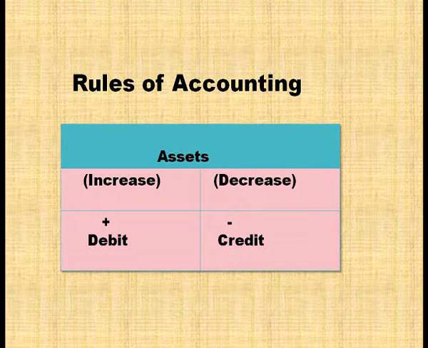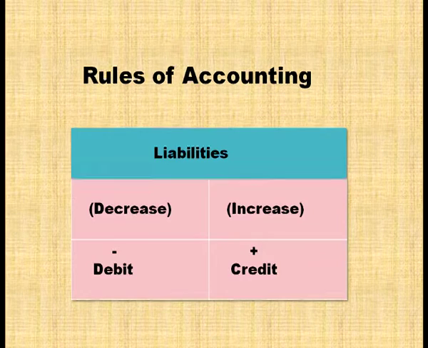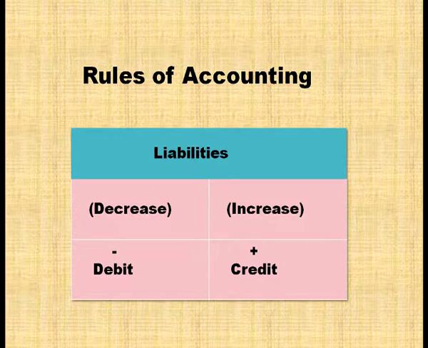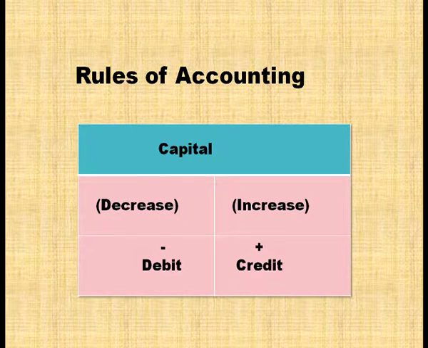So, when you look into this slide, you can easily identify asset. When it is increased, it is debited. When it is decreased, it is credited. Liabilities. When it is increased, it is credited. When it is decreased, it is debited. Capital. When increased, credited.